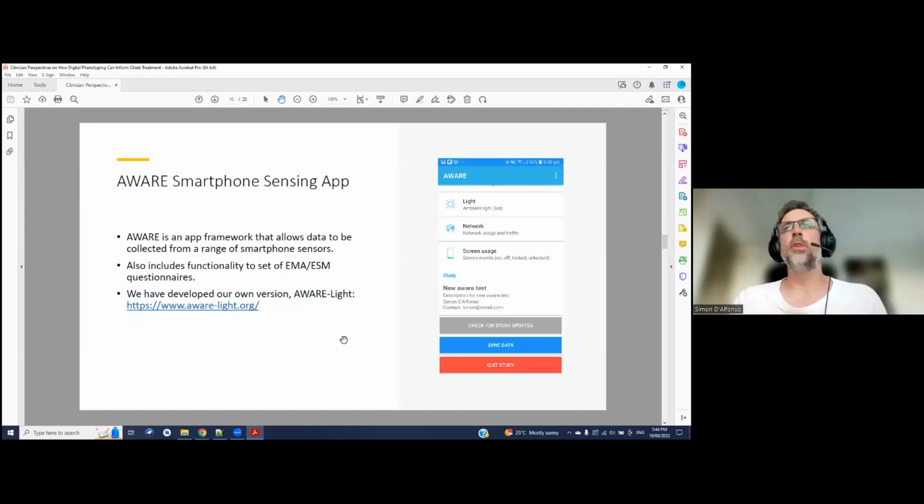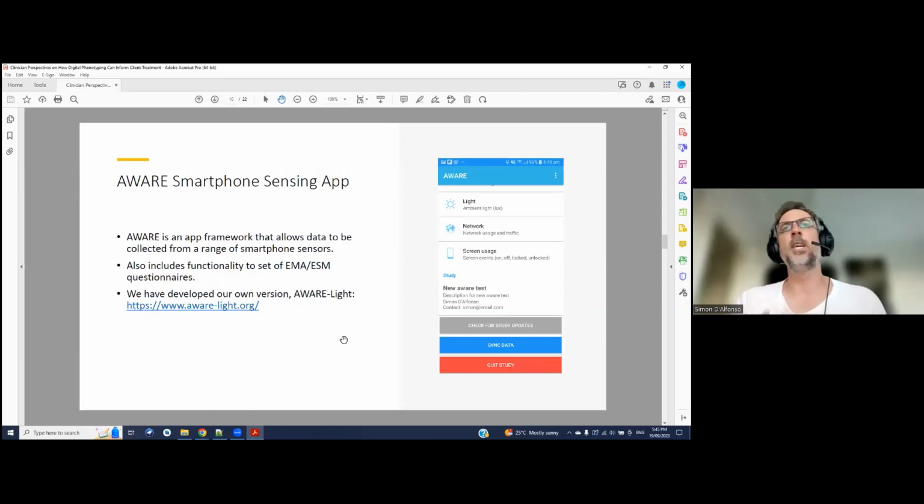Okay, moving on to the actual research that's occurring in CIS on these topics. First, I just want to introduce the Aware Smartphone Sensing app, which is our home-brewed smartphone sensing tool that we use in some of our studies. Aware is an app framework that allows data to be collected from a range of smartphone sensors.